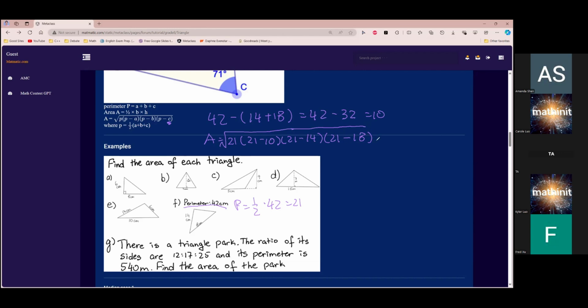So all of that would equal the square root of 21 times 11 times 7 times 3, which is the square root of 4,851, which, if you put that into a calculator, is approximately 69.6 centimeters squared.